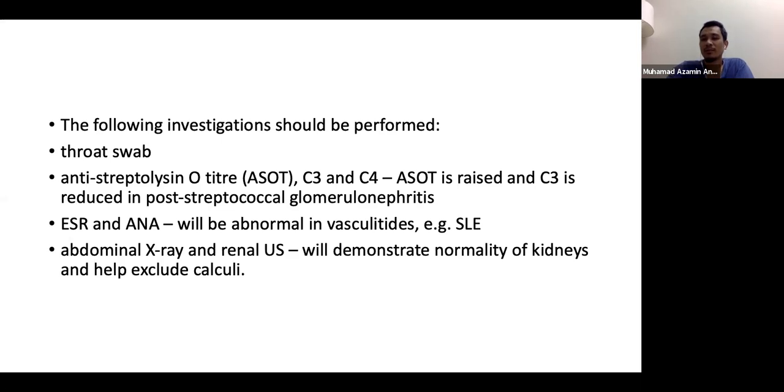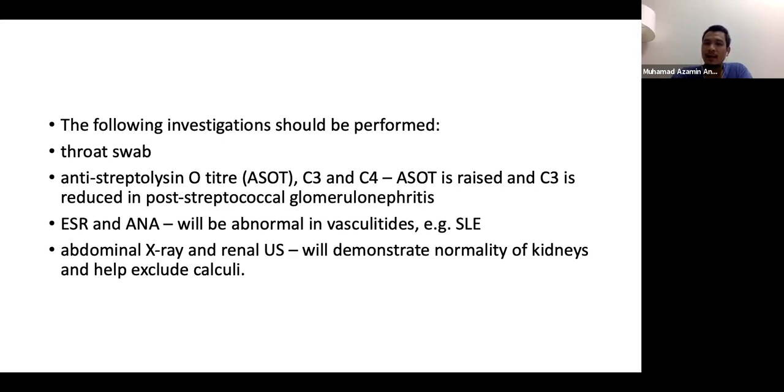Okay. The reason for that is, in this case, it is clearly mentioned that the child had cold symptoms a couple of weeks before that. So it is still possible that this is likely to be post-strep glomerulonephritis. Okay. If the child has no symptoms at all preceding the illness, and the ASOT is normal, then you want to see what the ANA is. If ANA is negative, then you can put it down as post-strep AGN.